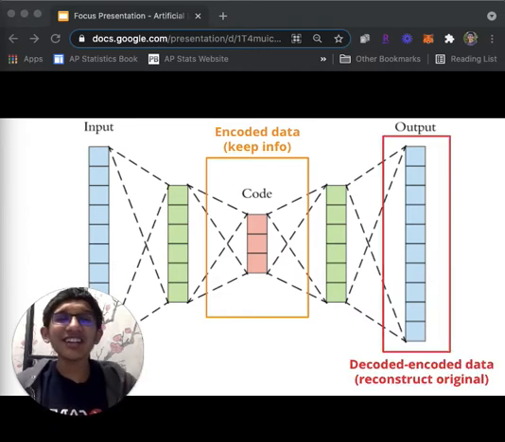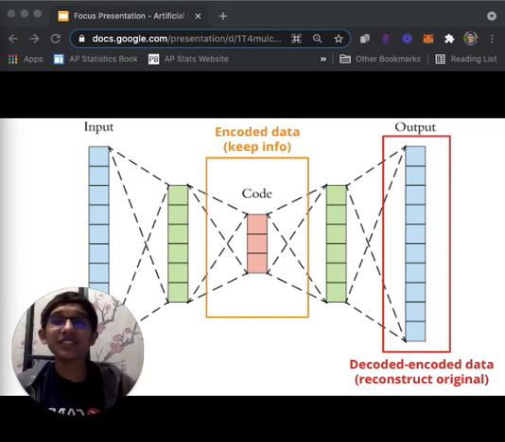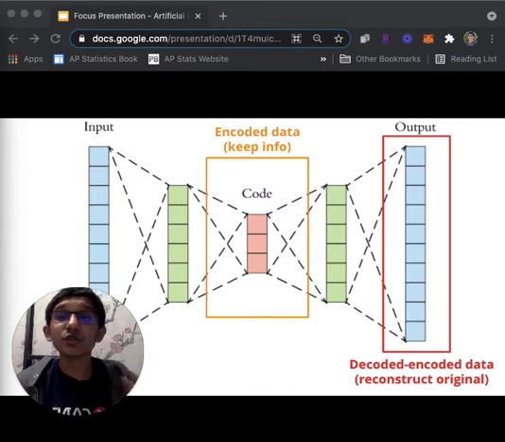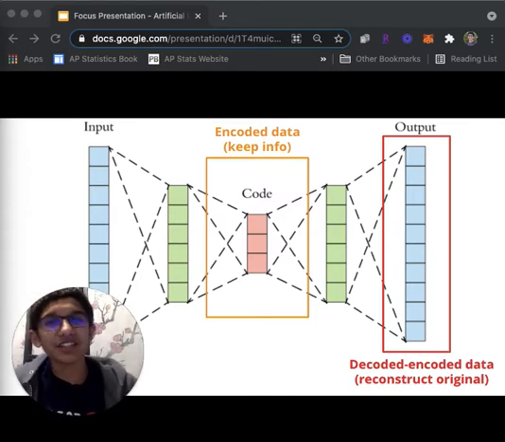On the other hand, the decoded encoded data aims to use the encoded data to reconstruct the original images with all the features. The accuracy of the decoder is measured by the reconstruction loss, which checks how close the original image is to the reconstructed image. The number of features encoded can be tweaked using a hyperparameter, depending on whether you want to optimize for storage or accuracy.